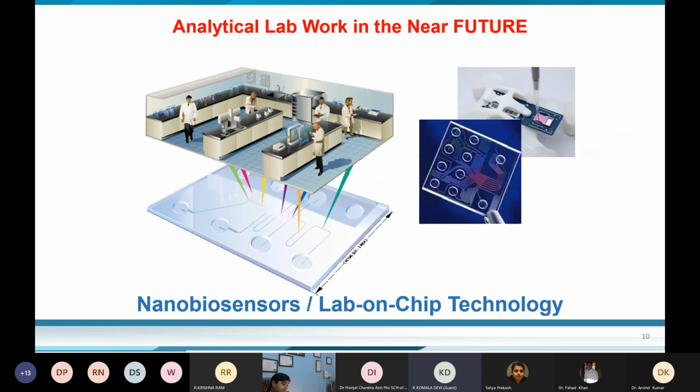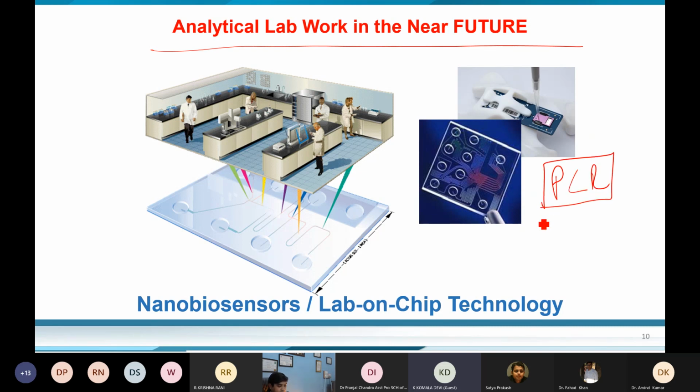Okay. So eventually, how does the analytical work of the future look? Everybody sitting here, I'm sure my friends, they know PCR basically. They know some kind of separation, HPLC or any kind of thing. So this can be tuned onto a small chip.